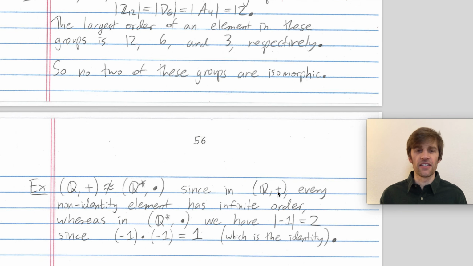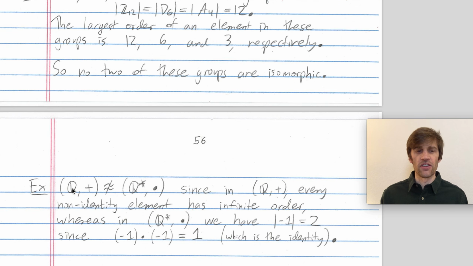By contrast, in the non-zero rationals under multiplication, there's an element which has order 2. -1 has order 2. -1 squared is equal to 1, and 1 is the multiplicative identity in this multiplicative group. So that's maybe a slicker verification that these two groups are not isomorphic.